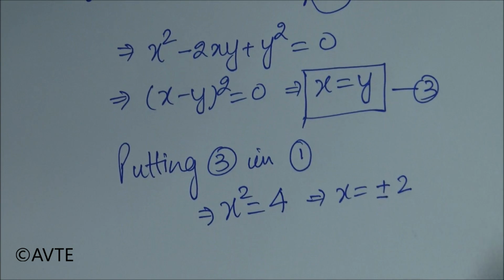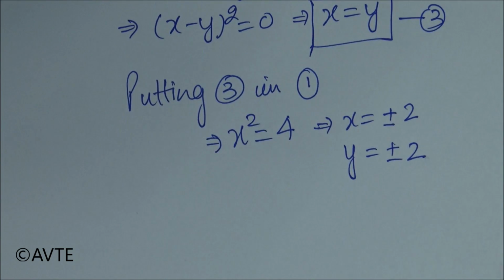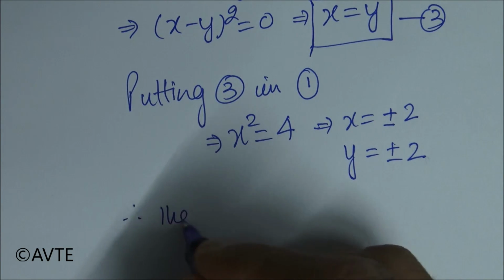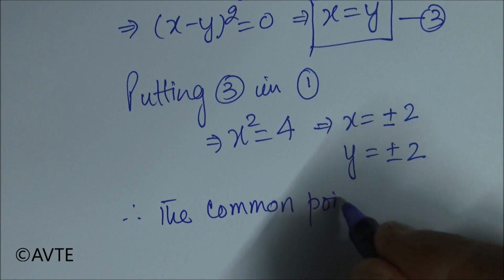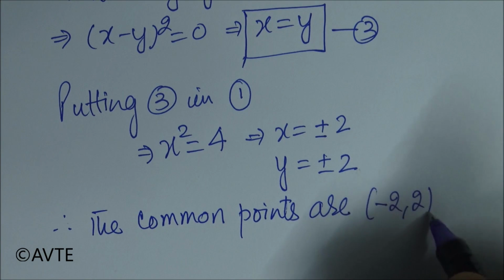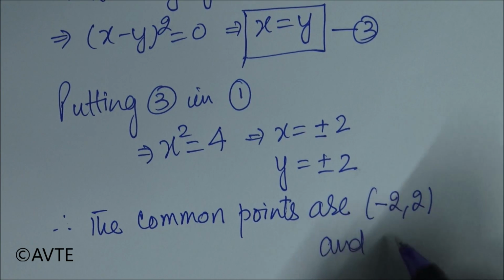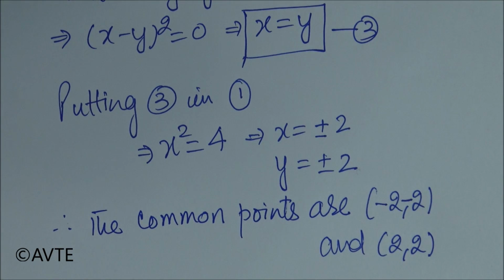So y would also be plus minus 2. So the two common points are, therefore, minus 2 comma minus 2 and 2 comma 2.